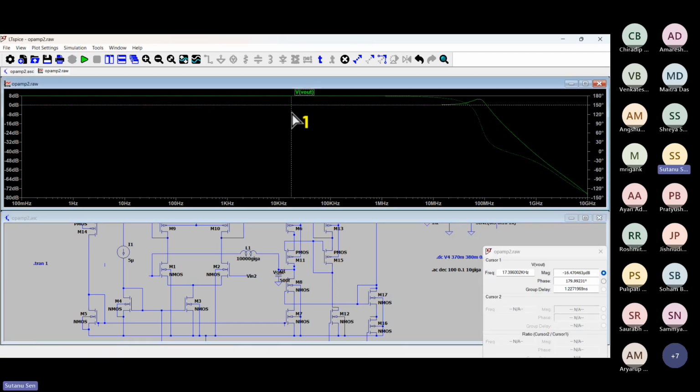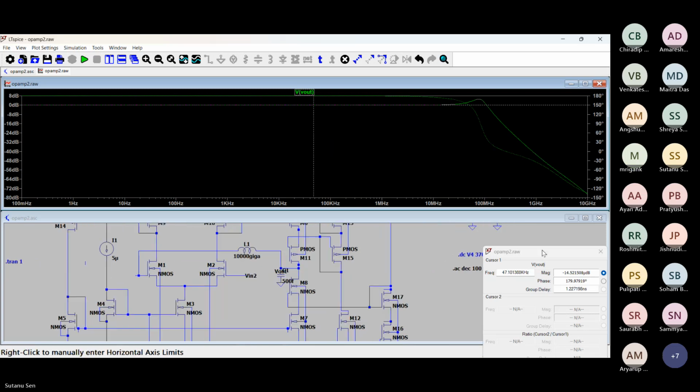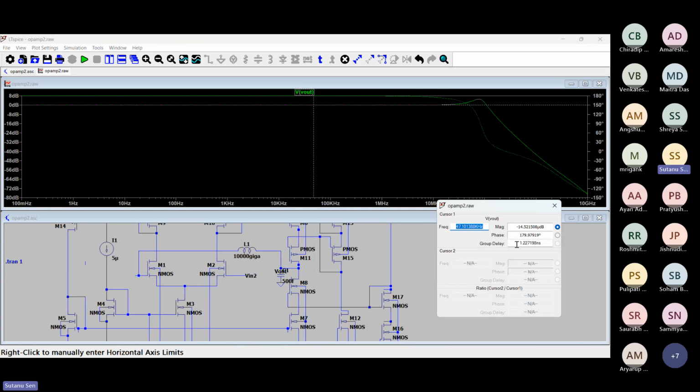Is it giving unity gain, 0 dB? It's not 0 dB. It is that green curve, which is around 8 dB. No, sir, it's 14 micro dB. Okay, so from the AC point of view, omega L, right?